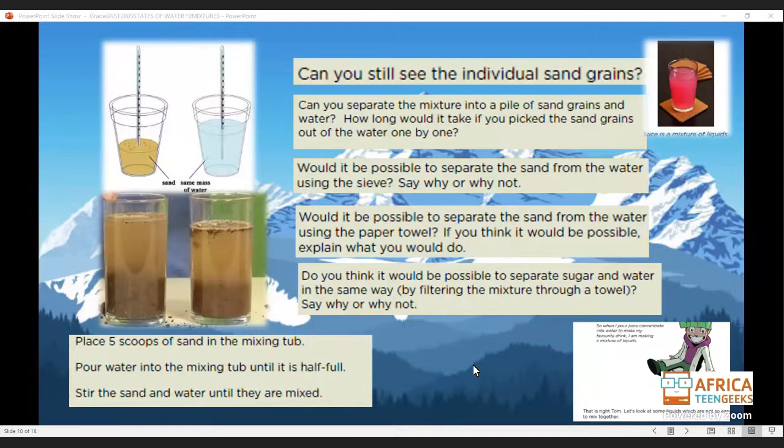How would it work? I honestly haven't actually tried that. So have you tried it? Okay. And what happened when you used a paper towel? Remember, it's a paper towel, not a cloth towel. So what happened when you used the paper towel?